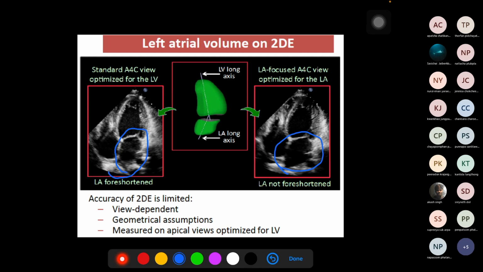You should obtain the standard apical 4-chamber and apical 2-chamber views to measure the LA correctly.